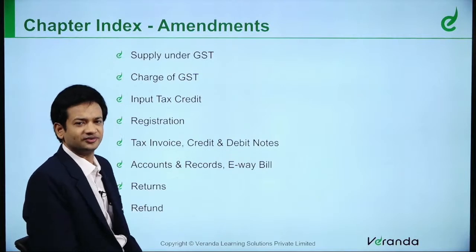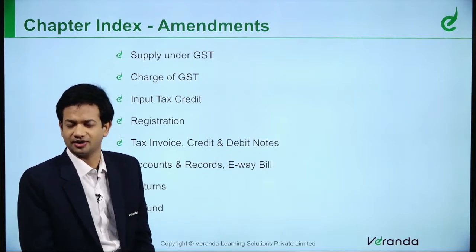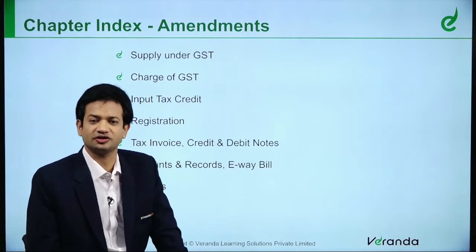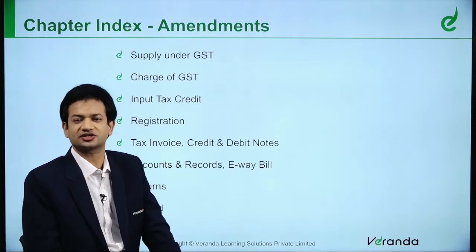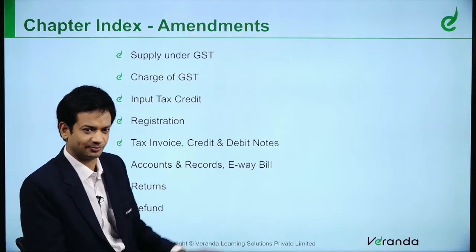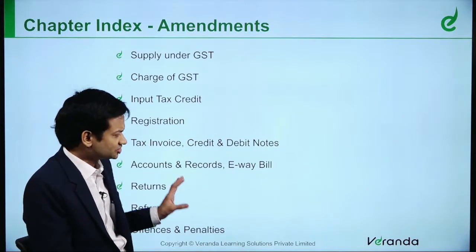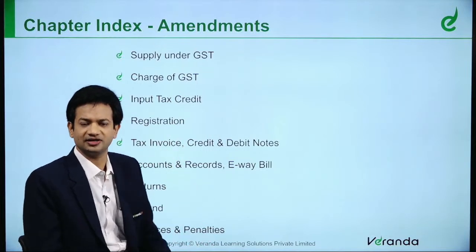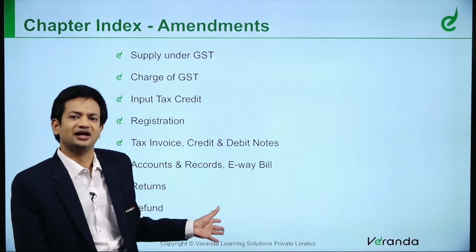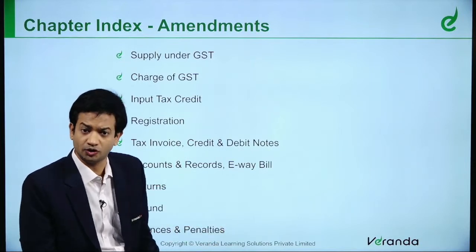Next, refund. Again, we have a couple of amendments in that, which we'll discuss. There's a basic clarification in the definition of claiming input tax credit when you export goods without payment of tax. We'll discuss it in detail in that chapter. Then the last chapter in GST is offences and penalties, where you have certain changes. In offences and penalties, there are section 122 and section 132.